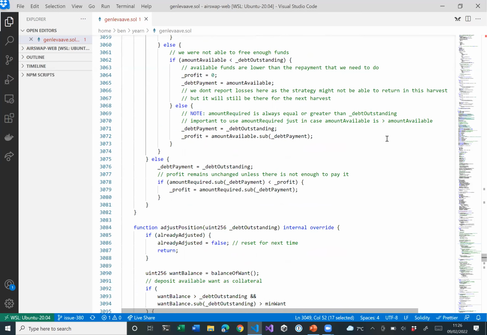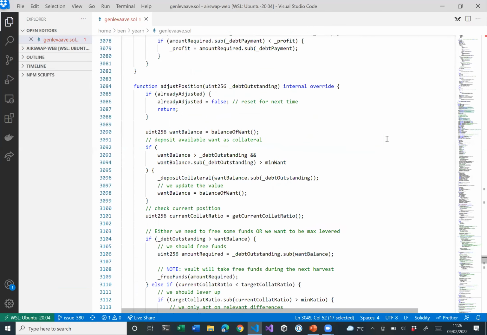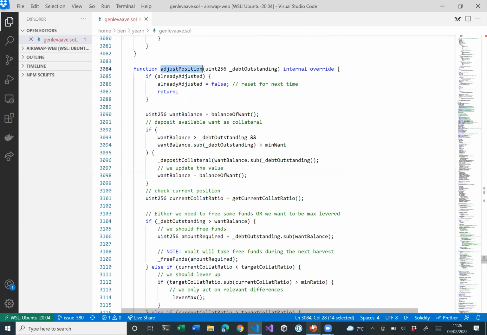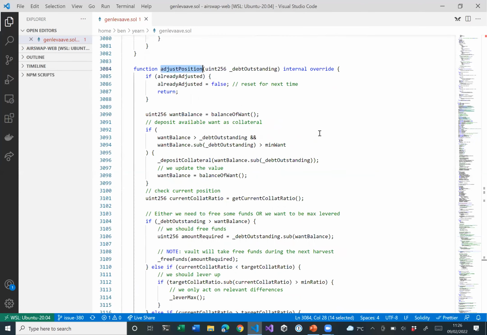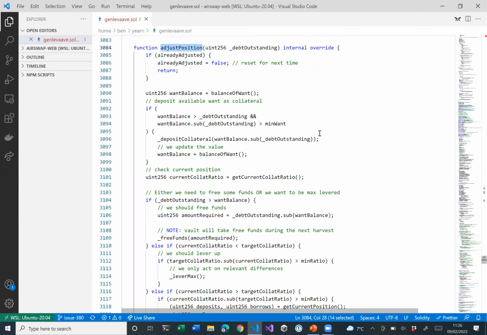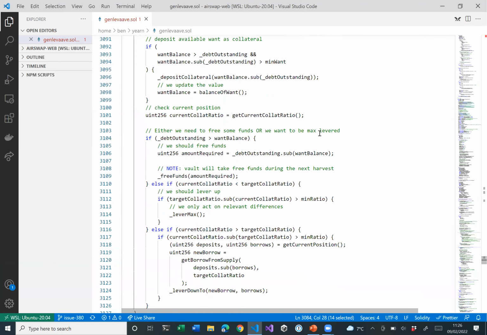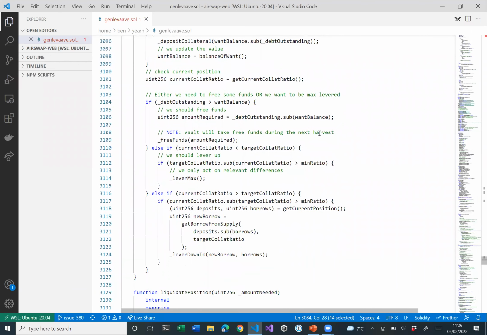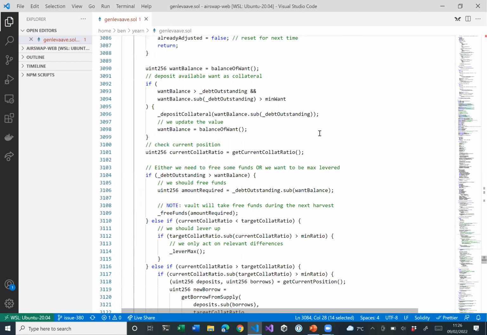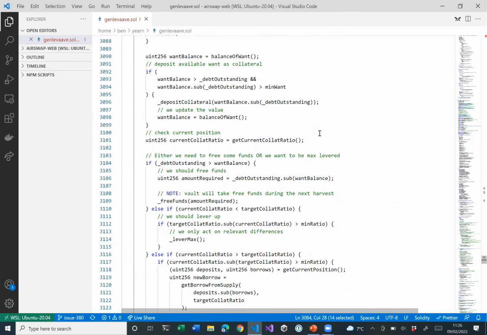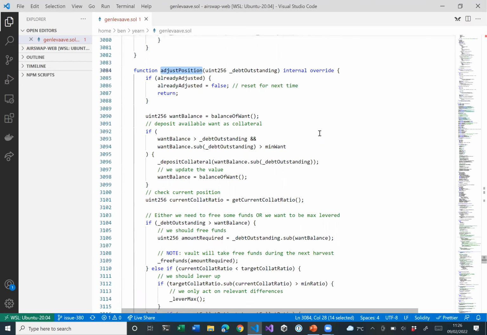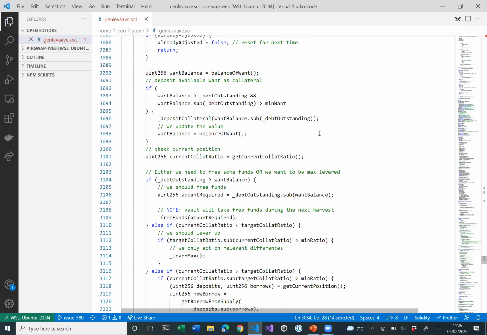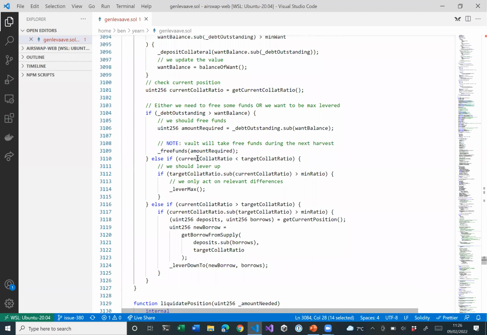And then the other major function that's worth looking at is this adjust position function. Again, you can see this is called in the base strategy. Adjust position, what's this doing again? It's checking your current position, and it's applying the current collateralization ratio versus the target collateralization ratio.